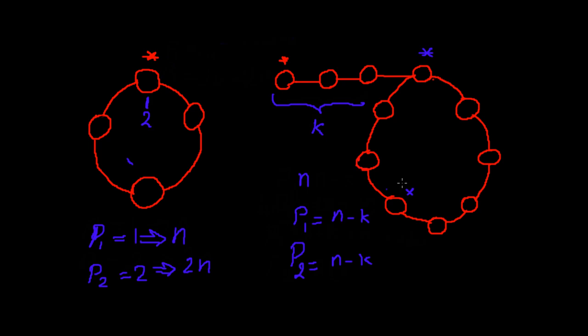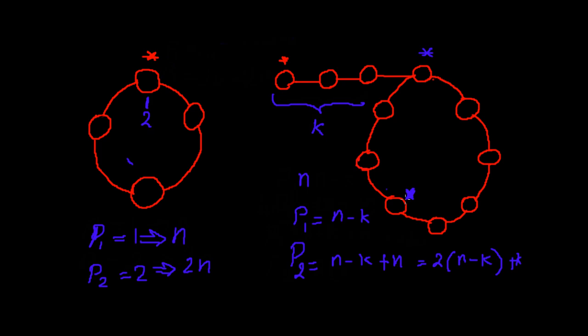So P2 needs to go 1 round around the circle again, until he meets P1 again. So P2 needs to go n minus k plus n units, which is going to be the same thing as 2n minus k plus k, if that makes more sense. So that's the way that we find where they're going to meet.